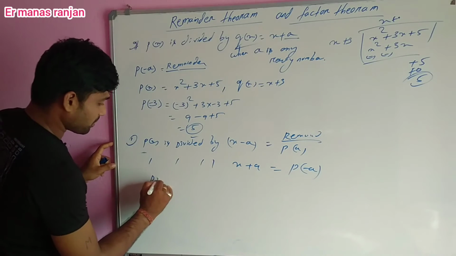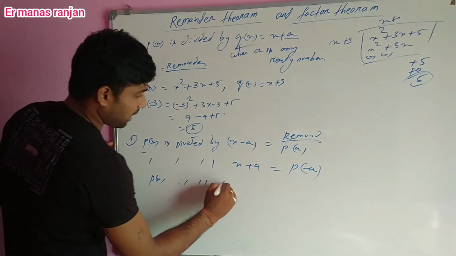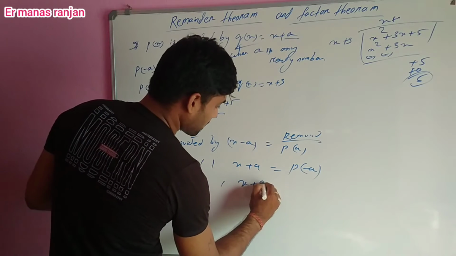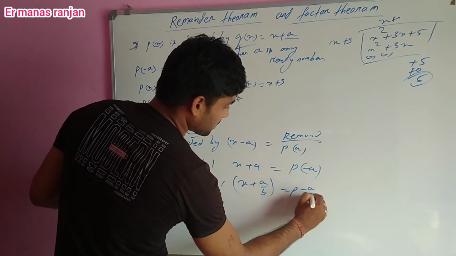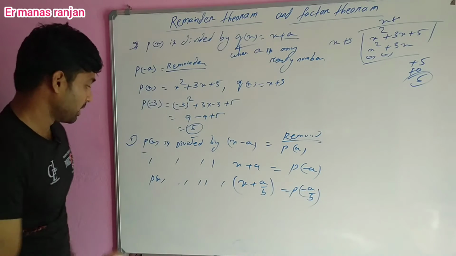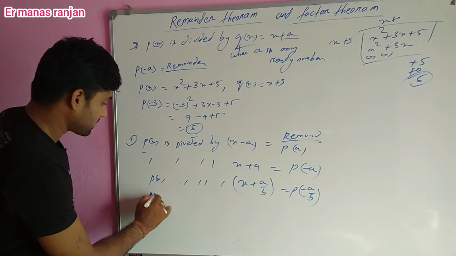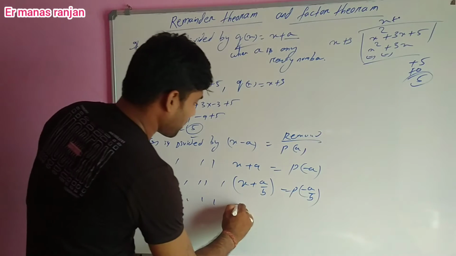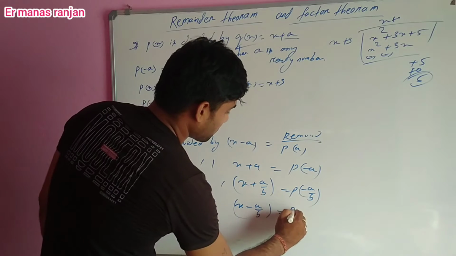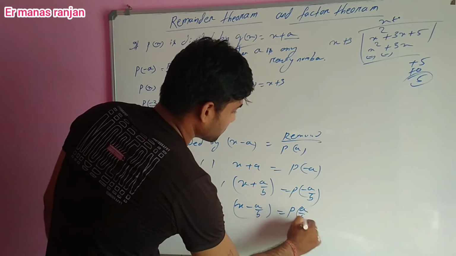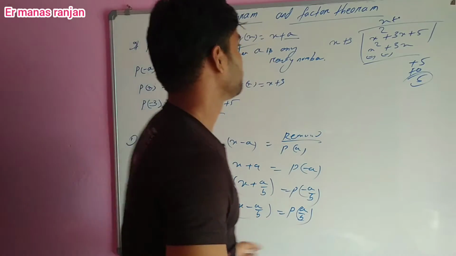If P of x is divided by x plus a by b, then the remainder is P of minus a by b. If P of x is divided by x minus a by b, then what is the remainder? P of a by b is the remainder. Clear?